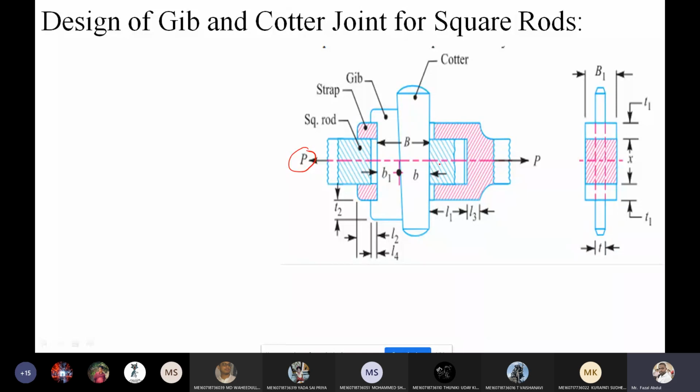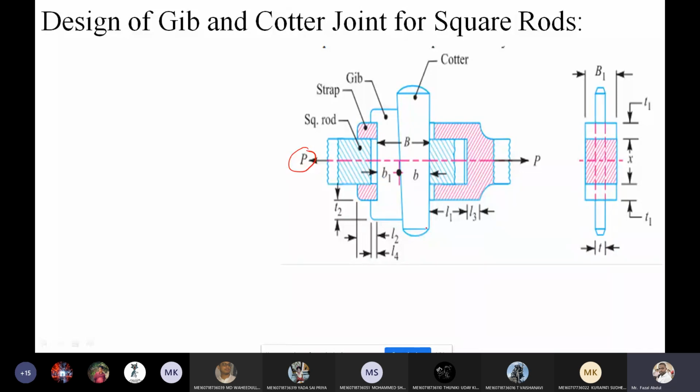And coming to dimensions, capital B represents the total width of the gib and quarter. From here to here, the total width is denoted by capital B. Specifically, the width of the quarter is small b, and the width of the gib is small b1.